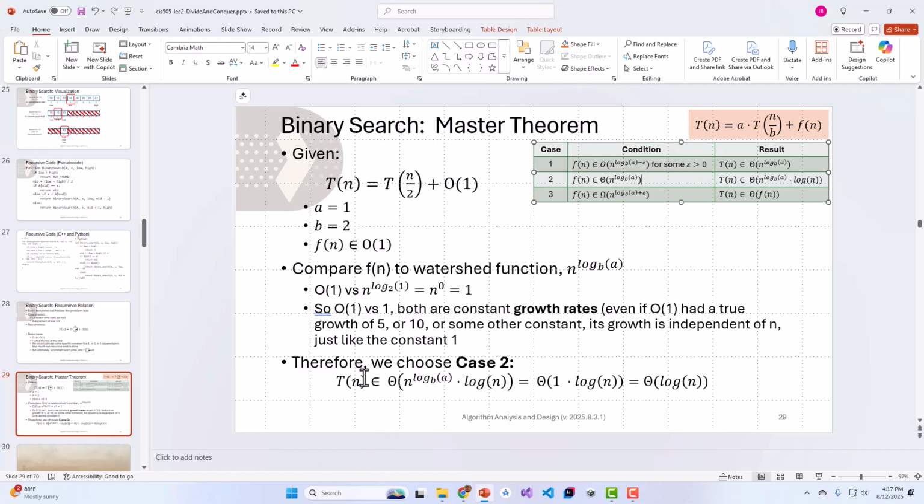T of n is big theta of the watershed times log n. Since the watershed itself ended up being 1, times log n, because that's the result for case 2, you have to include that multiplying by log n. You have a constant, 1 times log n, so that ends up just being big theta of log n, which is what we know binary search to be.